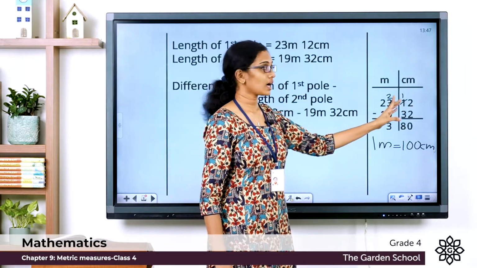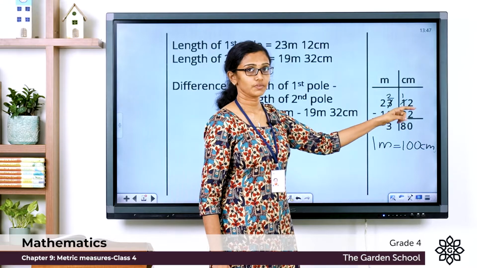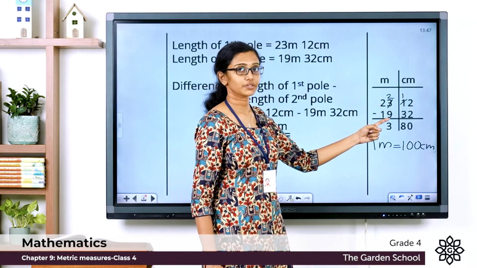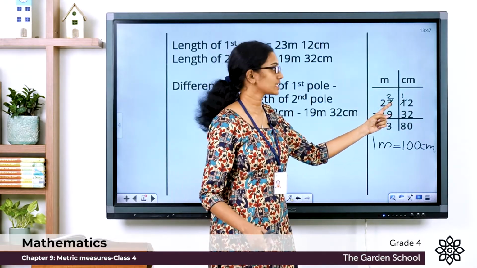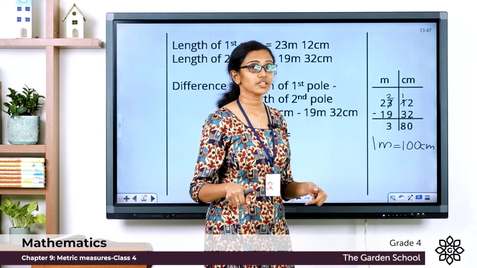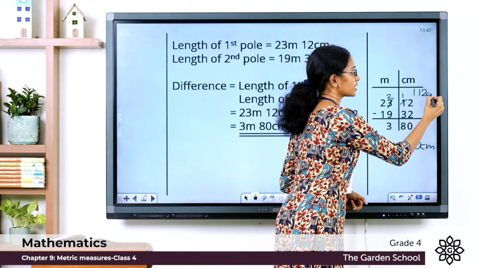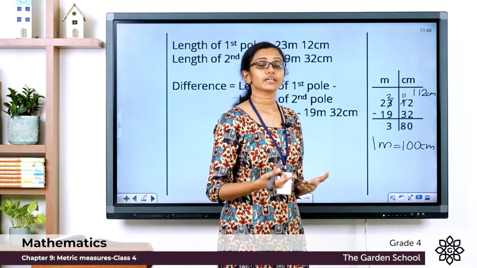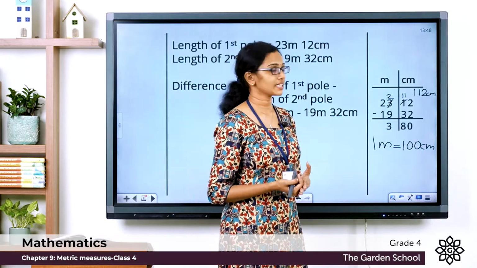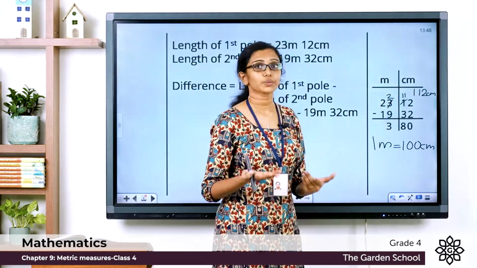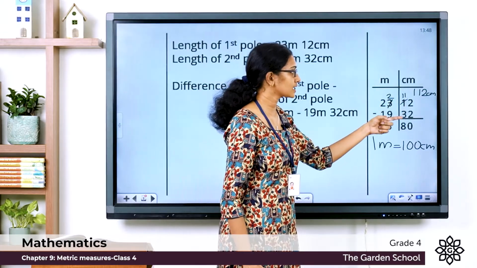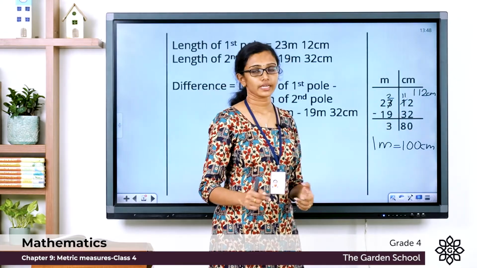So when you give that 100 centimeters here, it actually becomes 100 plus 12, 112 centimeters. So from that 112 centimeter, you are subtracting this 32, which gives you 80 centimeter.